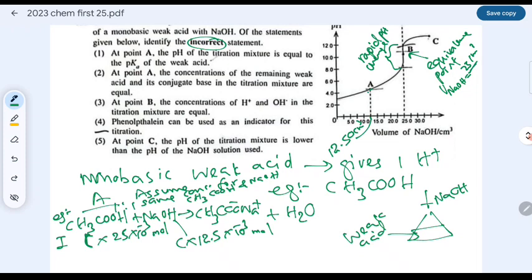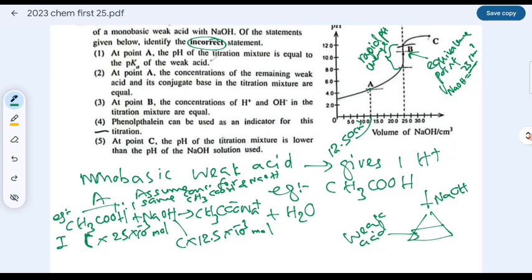If we assume the same concentrations for sodium hydroxide and CH3COOH, then they should have the same volume. Both should have 25 cubic centimeters to come to the equivalence point at point B.